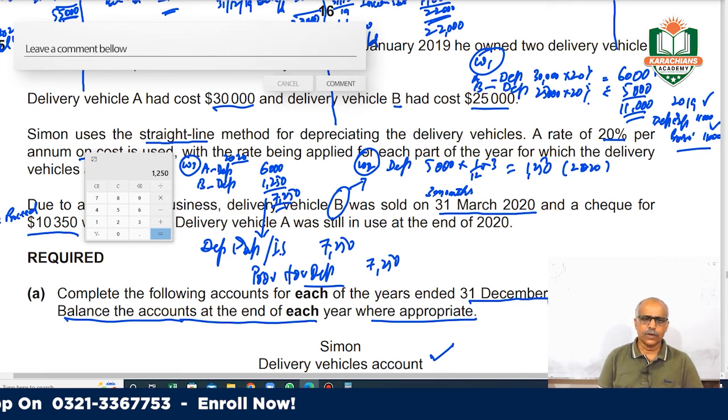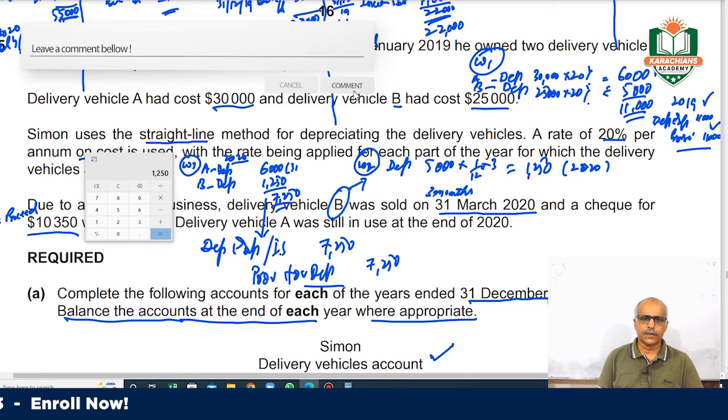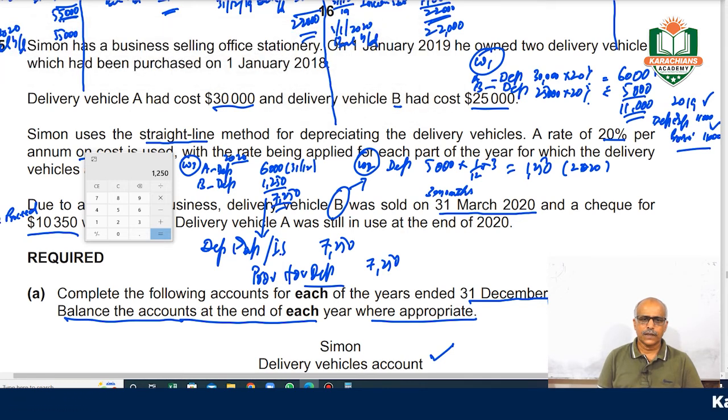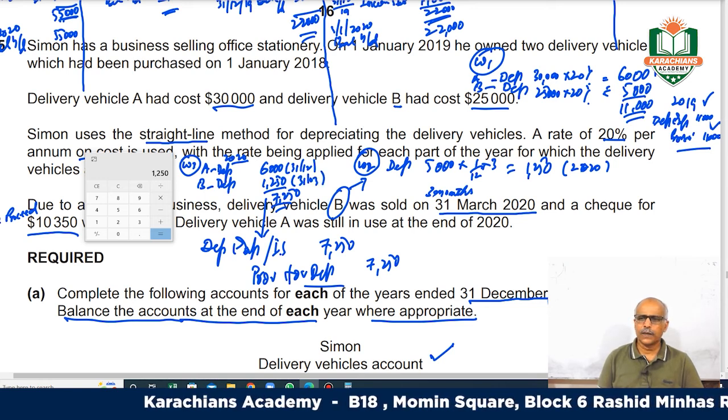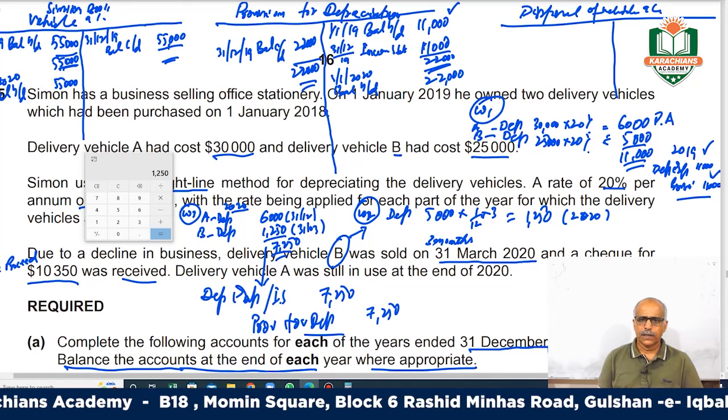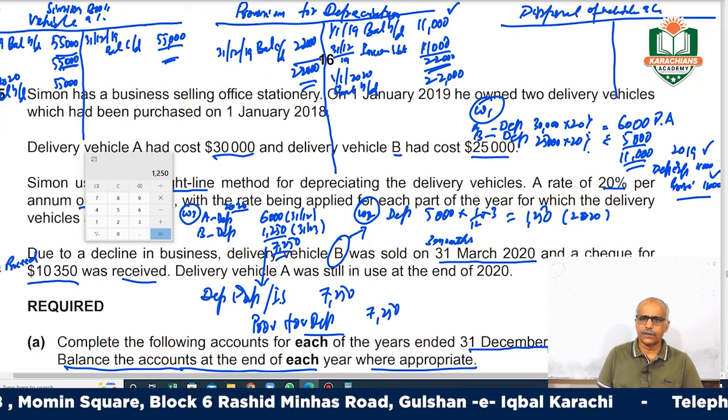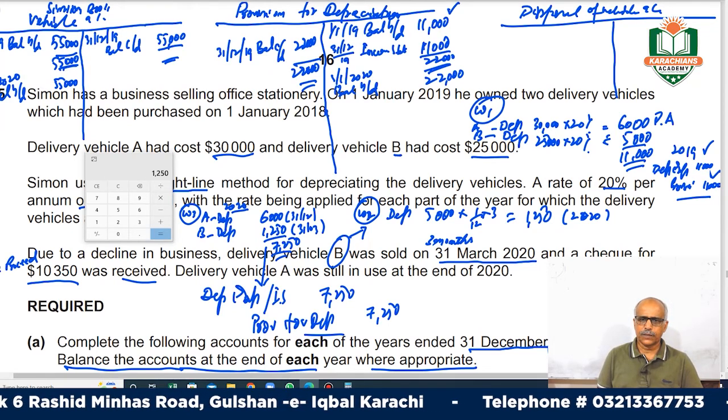This 6,000 you will make on 31st of August, and this 1,250 you will be making on 31st of March, right? You can split them off, no issue. So you will make this entry of 7,250 for the depreciation.